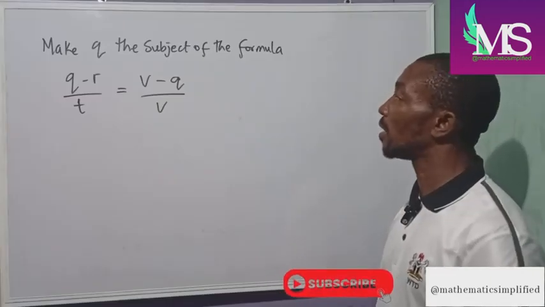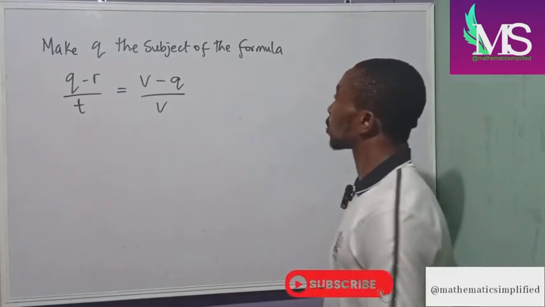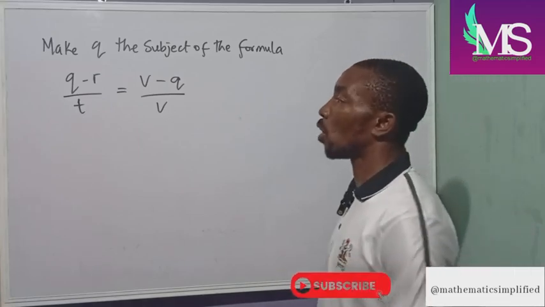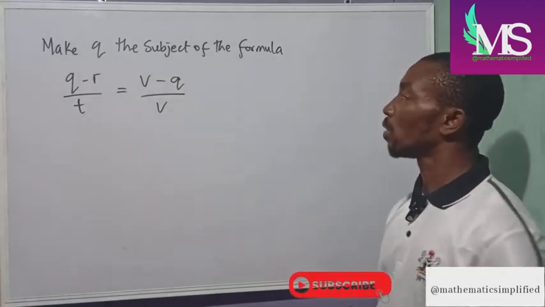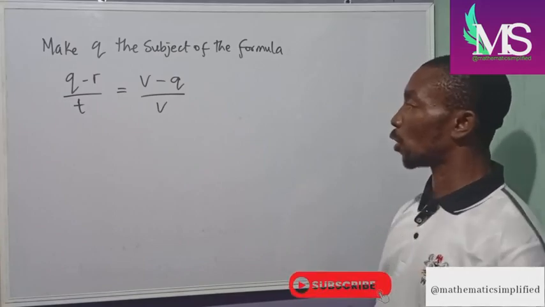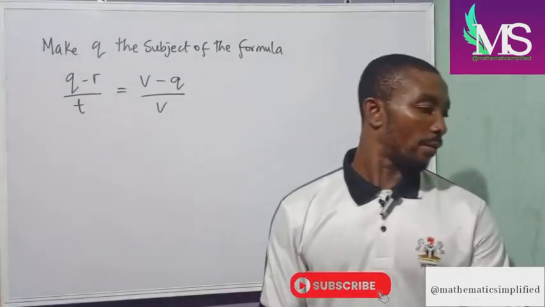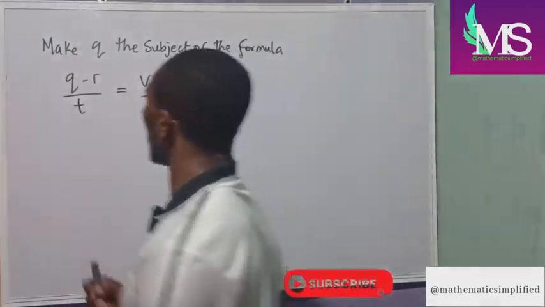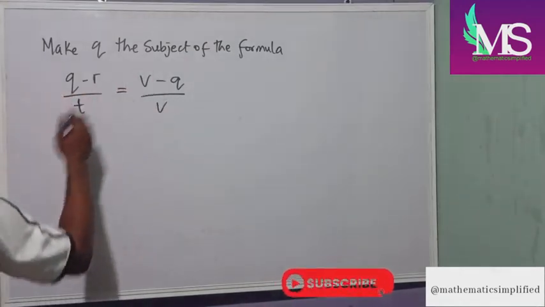And the next question says, make Q the subject of the formula: Q minus R all over T equals V minus Q over V. Now, in making Q the subject of the formula, we are going to cross multiply.